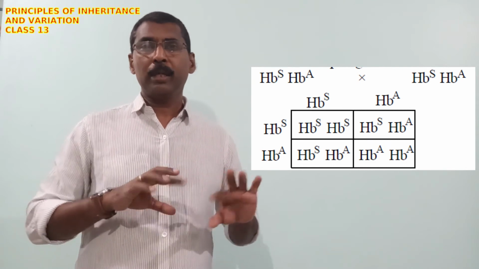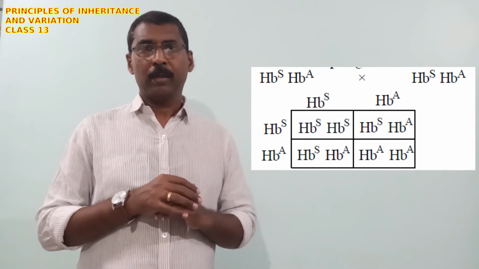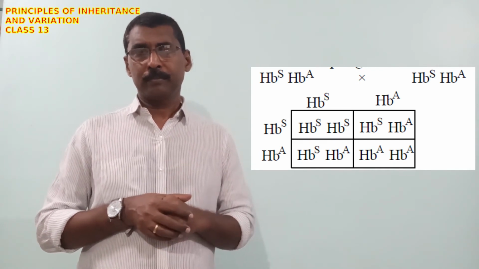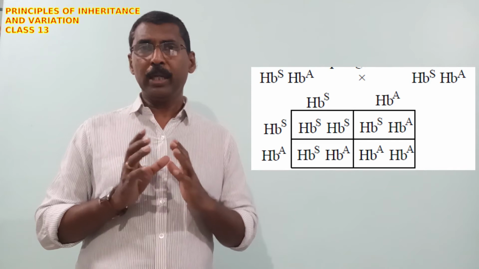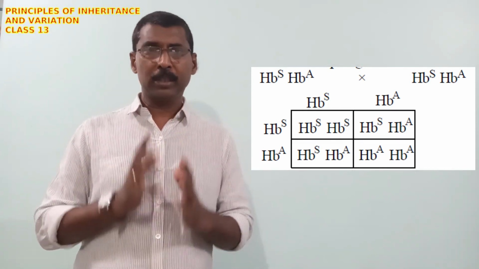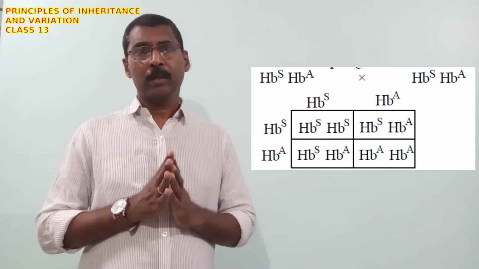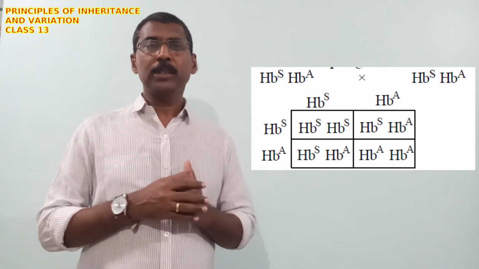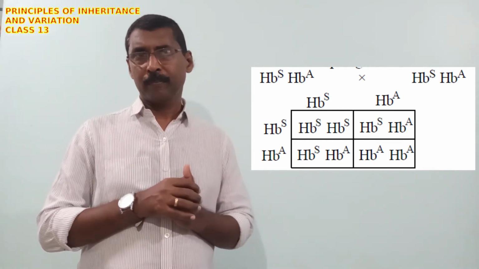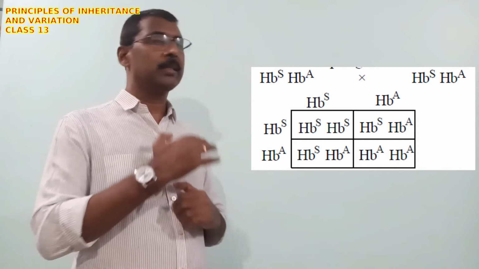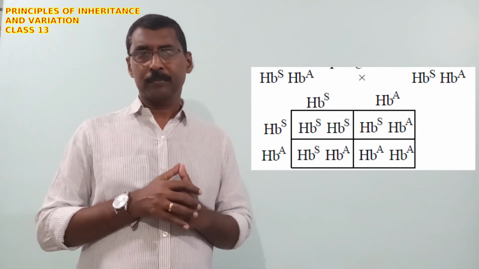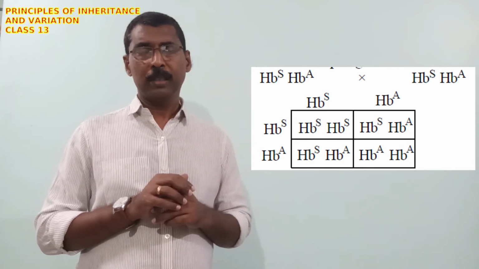carriers, sickle cell anemia carriers, and the genotype and phenotypes of the children. So let the man be HbA, HbS, a carrier, and the woman also is a carrier, HbA, HbS. As shown here in the diagram, their children are of three categories, three genotypes.